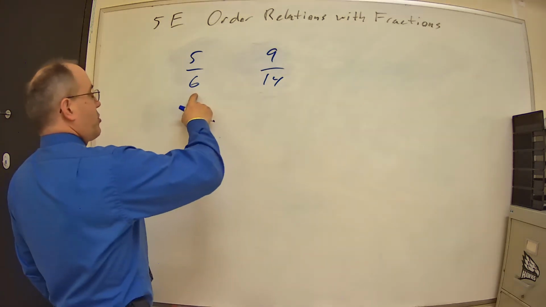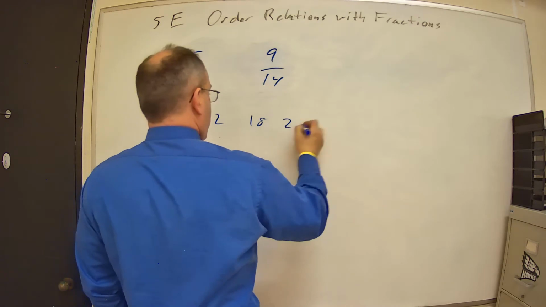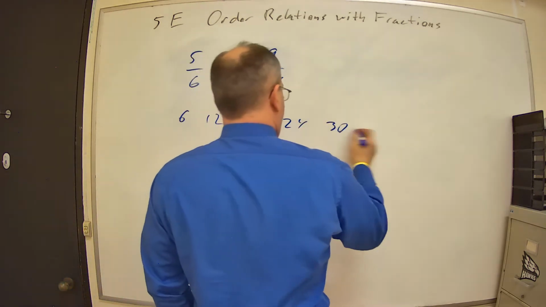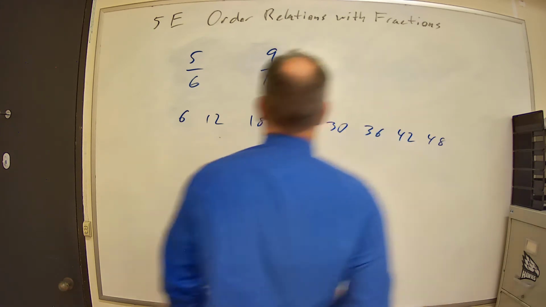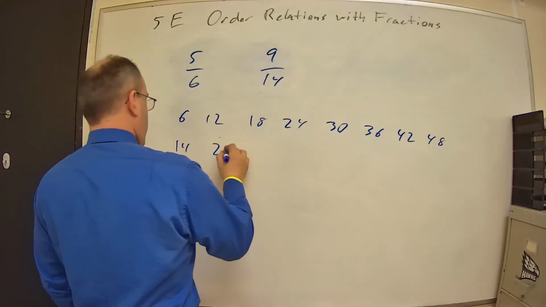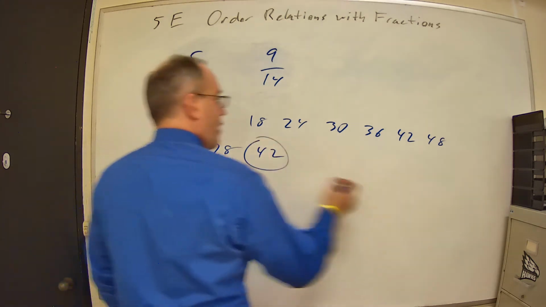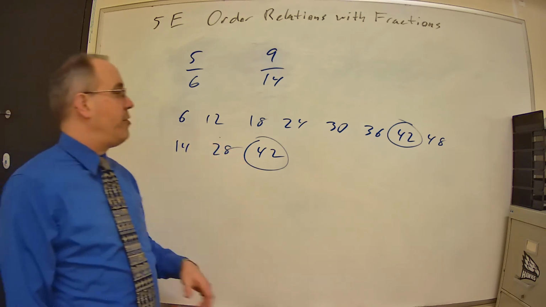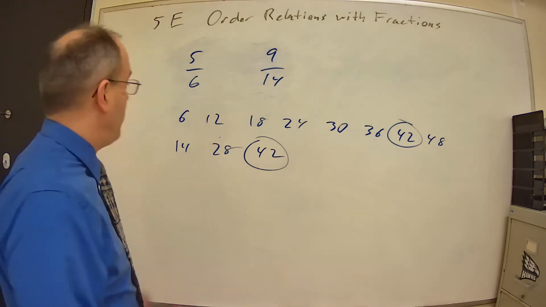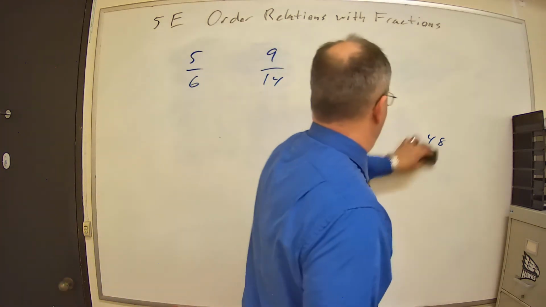So I can look at this and go, well, 6 gives me 12, 18, 24, 30, 36, 42, 48, 14, 28, 42, oh, I can stop right there, 42. So I've got a common denominator of 42, the least common multiple, right? So I can put those both over 42.